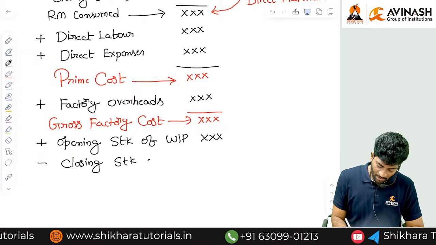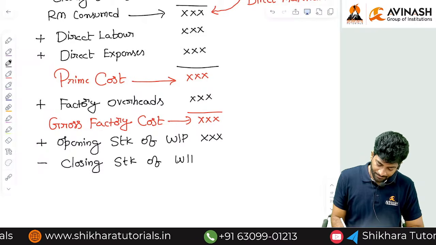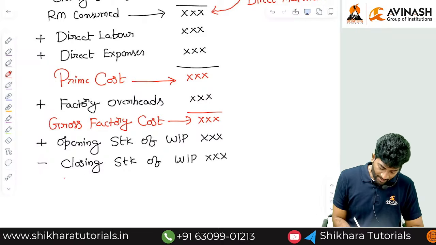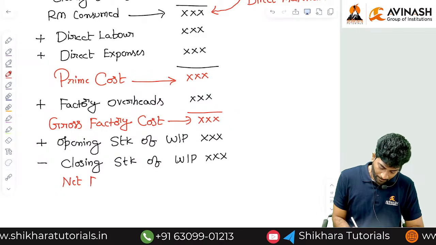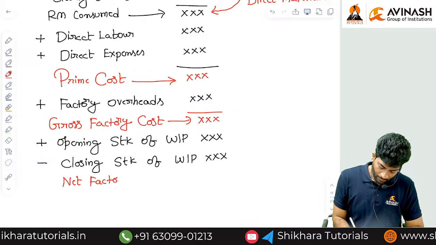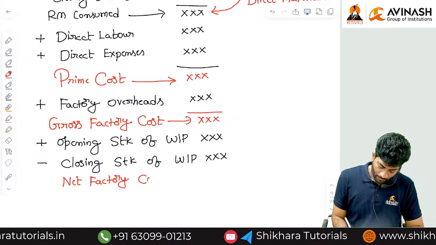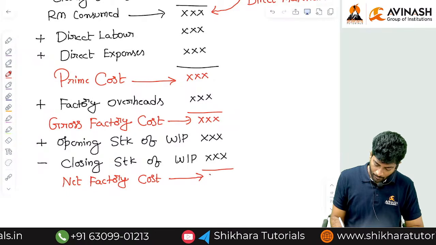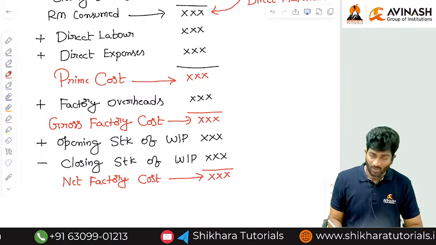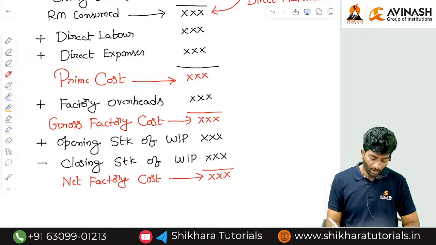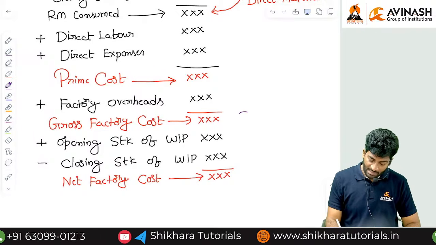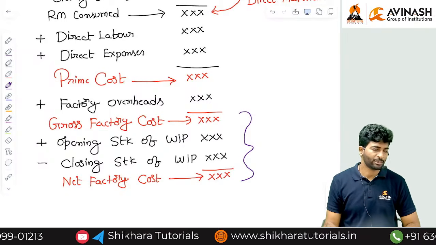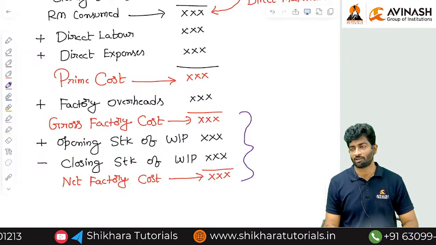That gives you net factory cost. Now, please explain these four lines: gross factory cost, add opening stock of WIP, minus closing stock of WIP, net factory cost.